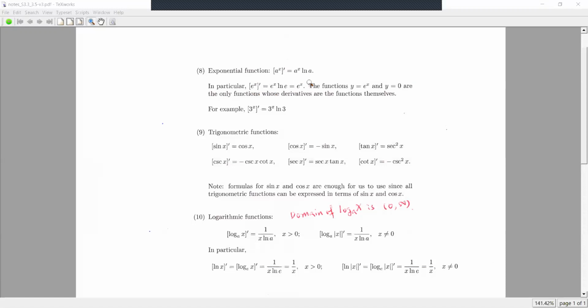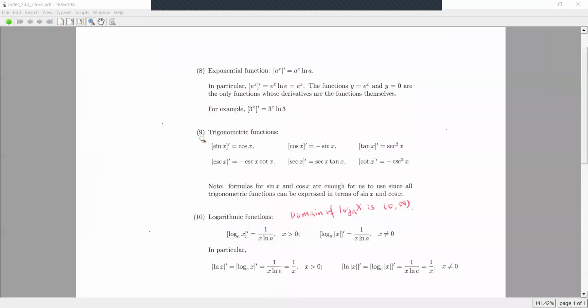There are only two functions whose derivatives are the functions themselves. These two functions are e to x and 0. For example, derivative of 3 to x is 3 to x times natural log of 3.